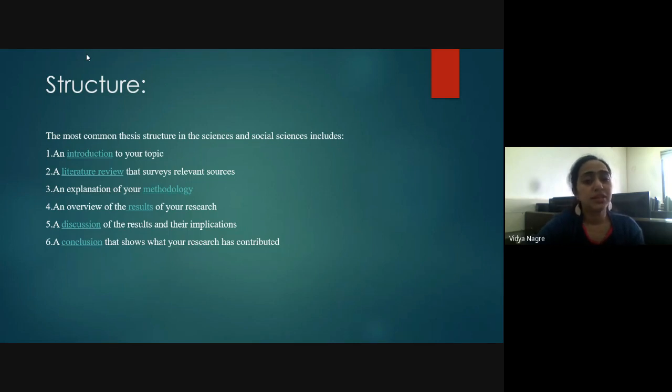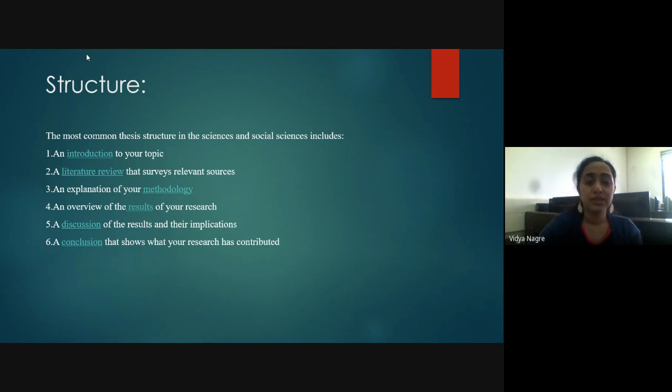Now, this is the tentative structure, which is common in all kinds of theses, except the combination in pure natural sciences. So first comes the introduction to your topic. Then comes the literature review, which is an integral part of your research writing. And what is a literature review?